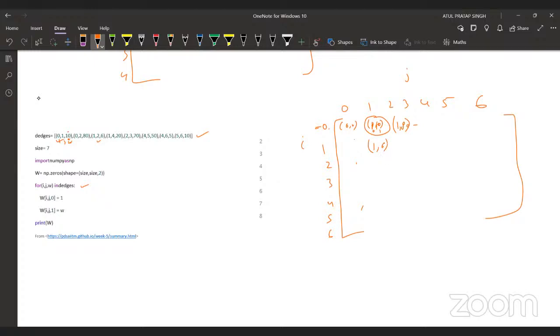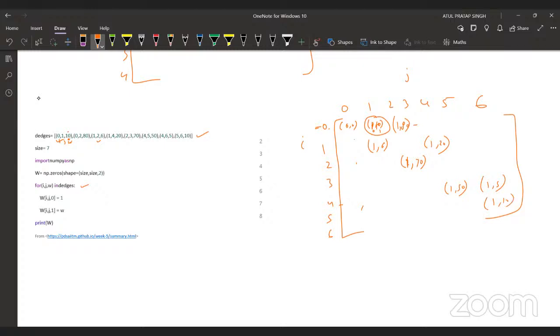Then 1 to 4 will be updated with 20, and 2 to 3 with 70. All edges will be updated in our matrix: 4 to 5 with 150, 4 to 6 with 5, and 5 to 6 with 10, so position 5 comma 6 gets 10.